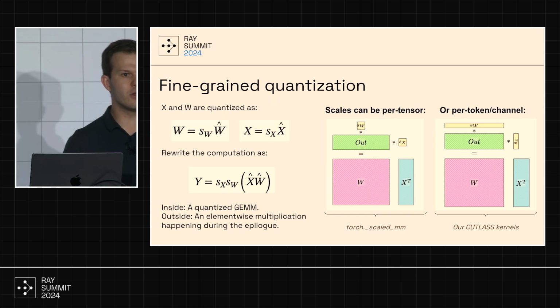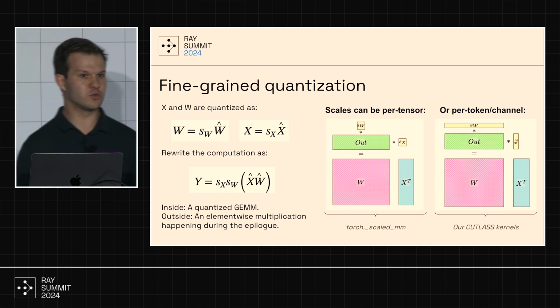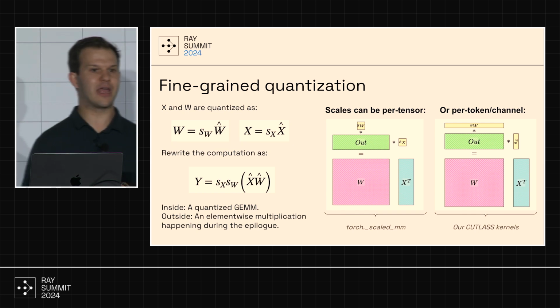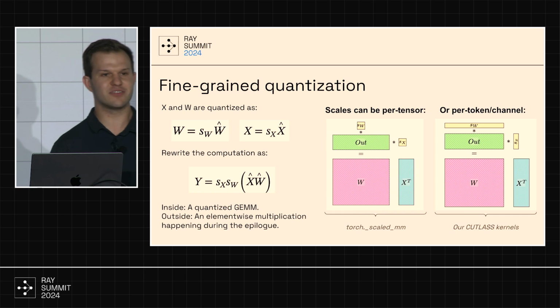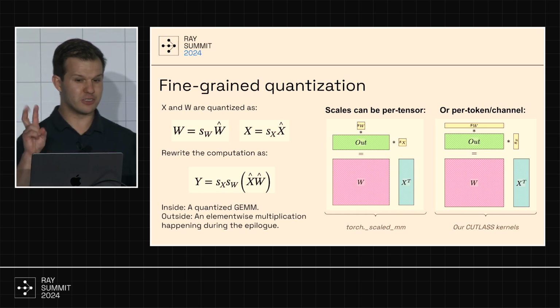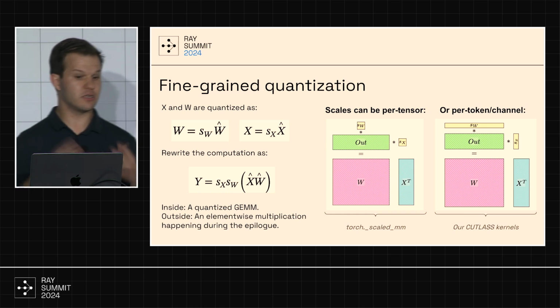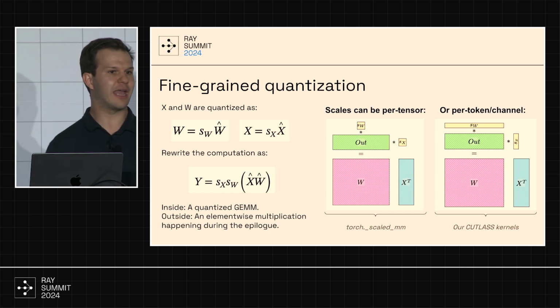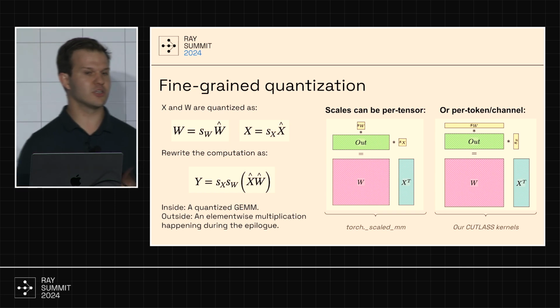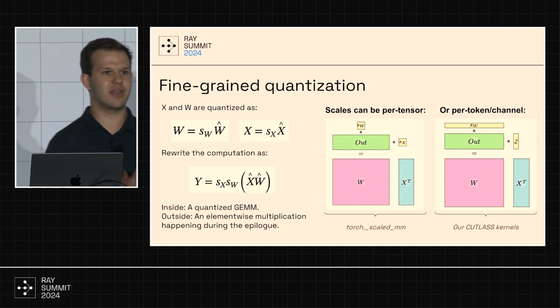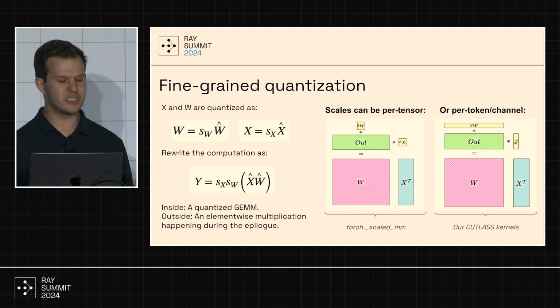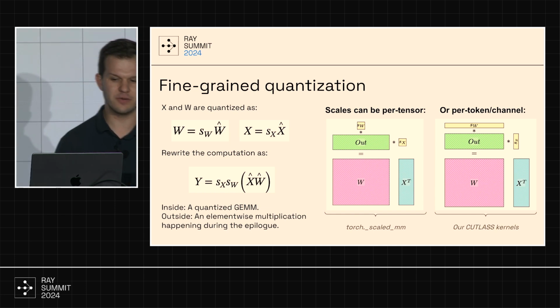And a simple, obvious strategy is to use one scale per weight and one scale for the activation matrix. This is called per tensor quantization and is not very fine grained at all. And as you might expect, it's hard to represent the full range and handle all the outliers, especially on the activation matrix when we're dealing with per tensor quantization.